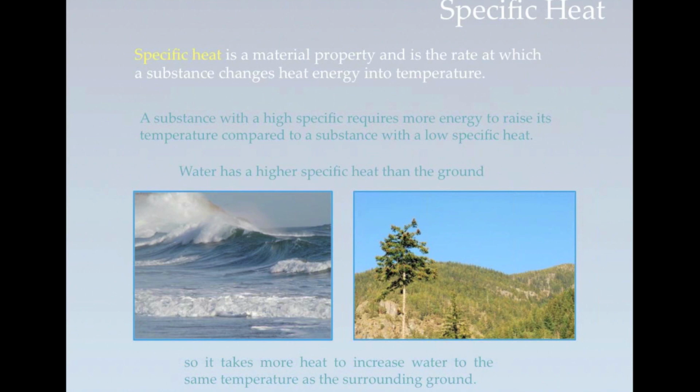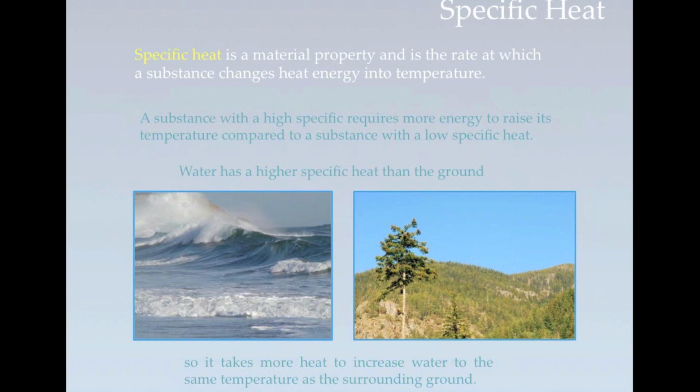The specific heat of the material is that property that says how much heat energy it takes to raise the temperature of that material. And water has a much higher specific heat, requiring a lot more energy to raise it a degree, to 75 degrees or wherever you're trying to raise the temperature to, than it does for rock.